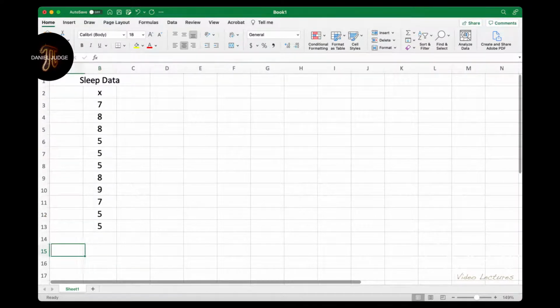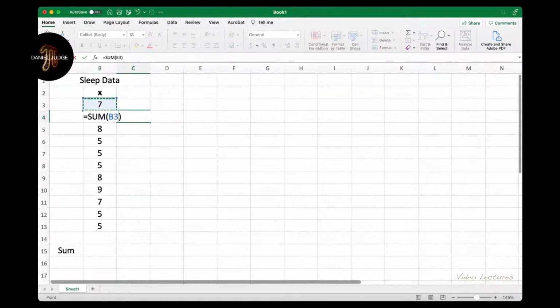And I'm going to put a column here labeled sum. And to sum, I'm going to sum my data values. Okay, so I'm going to add all of these data values. And then I think something happened here. Let's undo that. No, don't want to do that. Sorry.